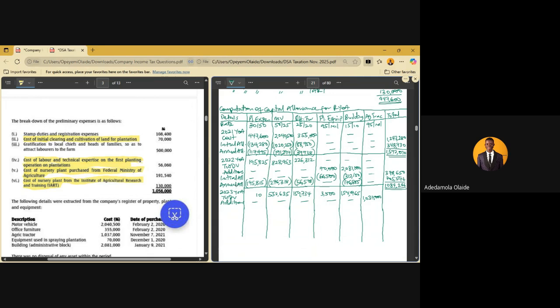What's the next thing? We have initial allowance on the new assets, which will be at 95%, and that will give us 985,150.